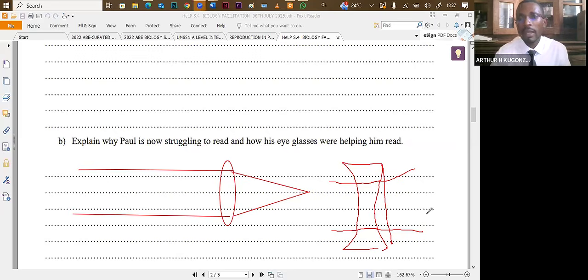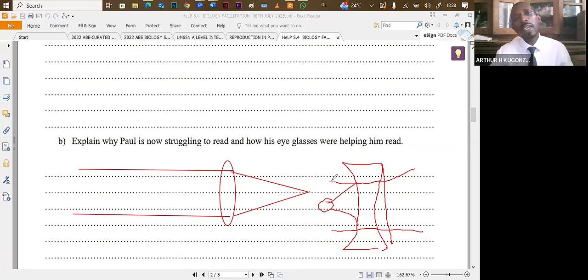Okay, like this. So this one is for nearby objects. This one is for nearby objects.